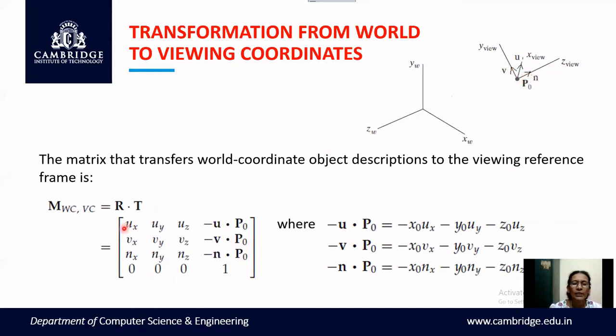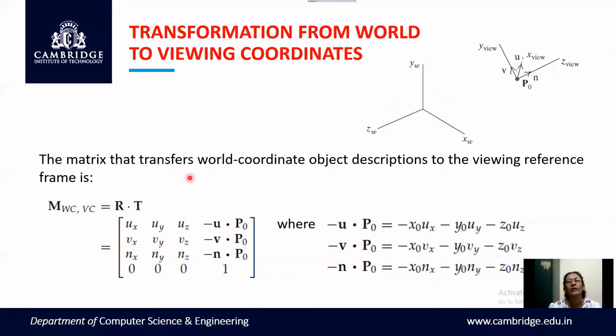Now ux, uy, uz are the xyz components of u with respect to the world coordinates. Similarly, vx, vy, vz are the xyz components of the v vector with respect to the world coordinates, and nx, ny, nz are the xyz components of the normal vector with respect to the world coordinates.